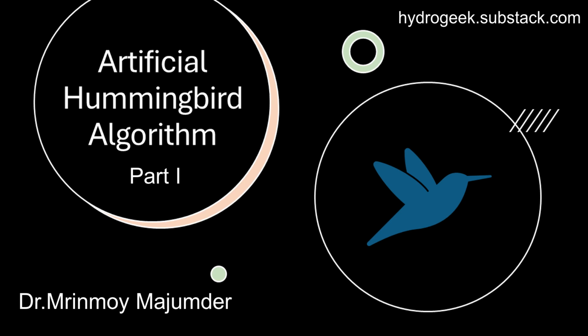But when it finds that optimal flower, and all the existing flower sources are exhausted, it has visited those flowers multiple times. Then it looks for another plant, right? Another territory. So it was first visiting one single plant having multiple flowers.